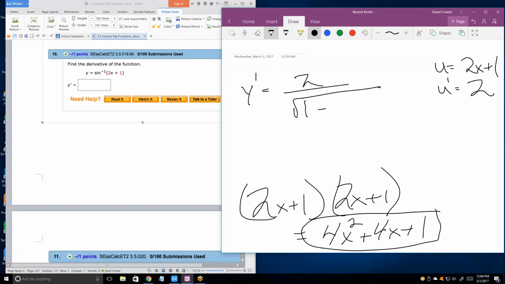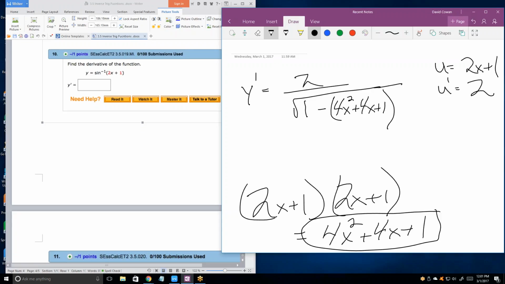So in parentheses, and the parentheses are vital here because it will matter if I didn't use parentheses. There's your answer. You get your answer, make sure there are no u's left. In other words, you always have to put it back into x's.